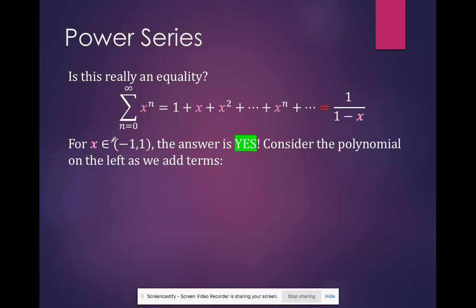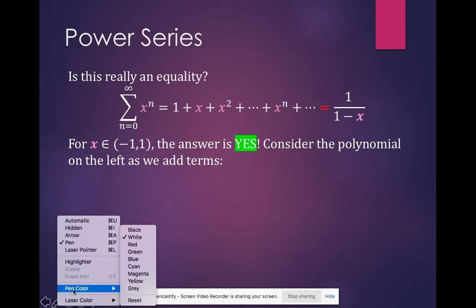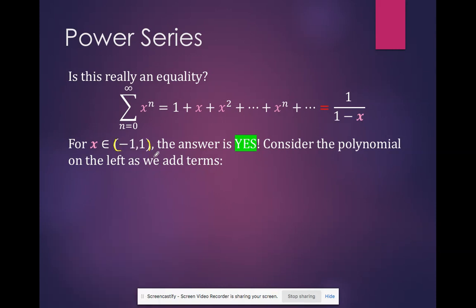So as long as I stay within the interval that I got from my Geo Series test, then the answer is yes. If you have a convergent series, it means that your infinite polynomial is equal to this rational function.